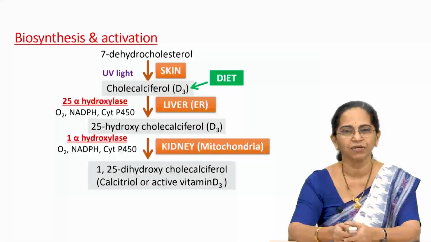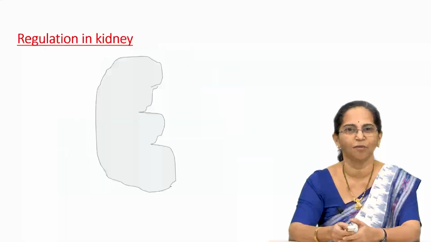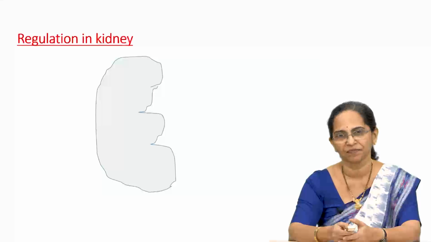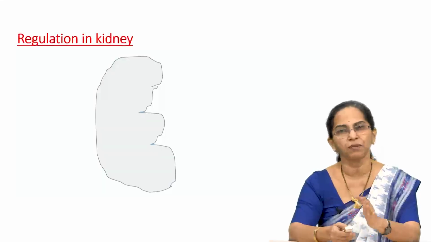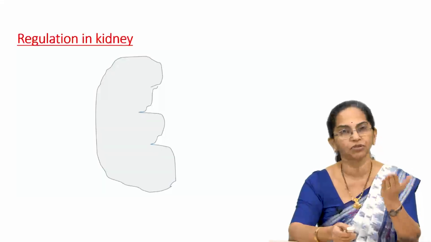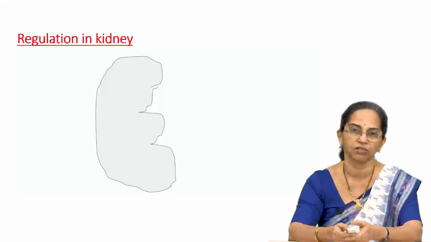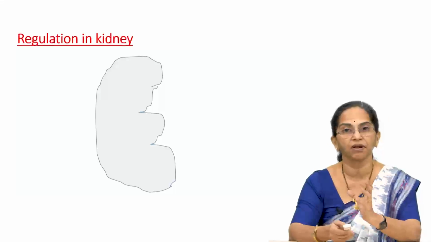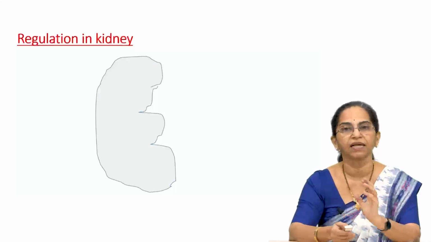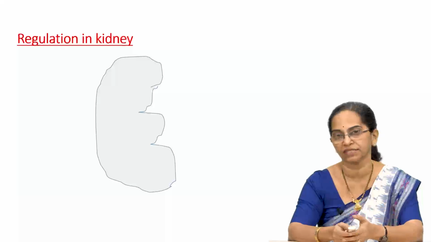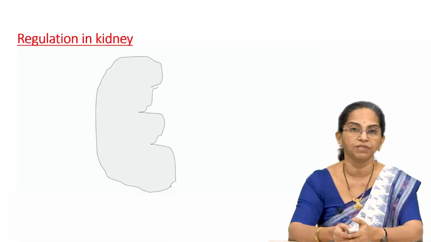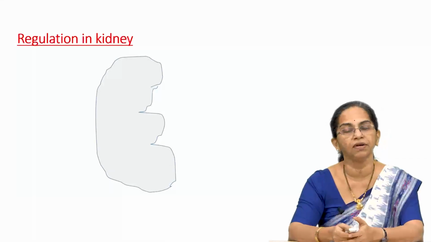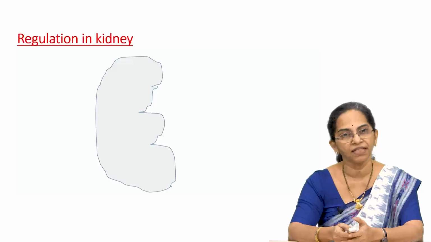So, this is about the biosynthesis and the activation. In this slide, you can see that calcitriol is ready. This is called the active form of vitamin D. Now, there are situations when blood calcium will increase, and there are situations when blood calcium falls. We need to have some regulation, or in other words, calcium homeostasis. This happens with the help of the important organ, the kidney.